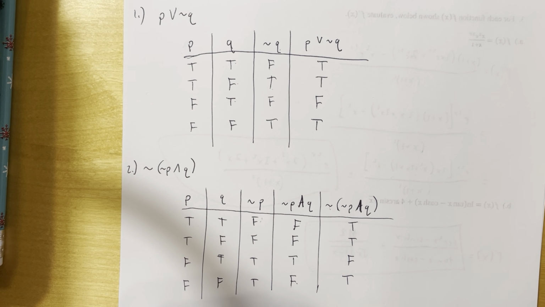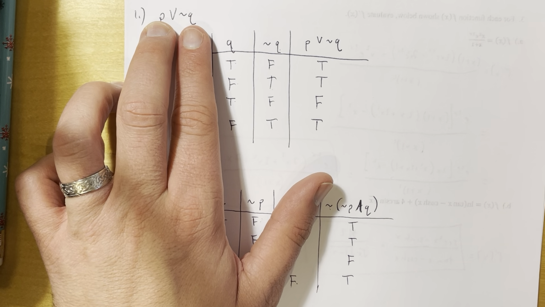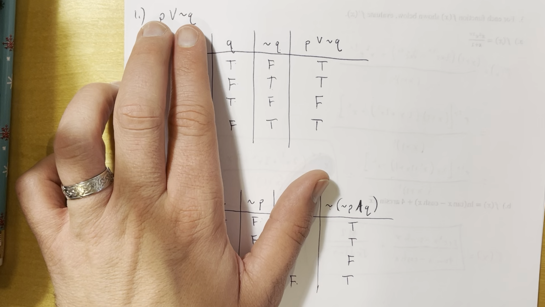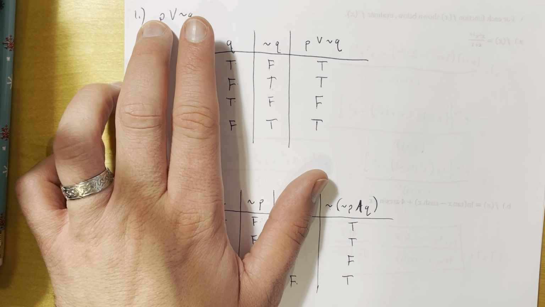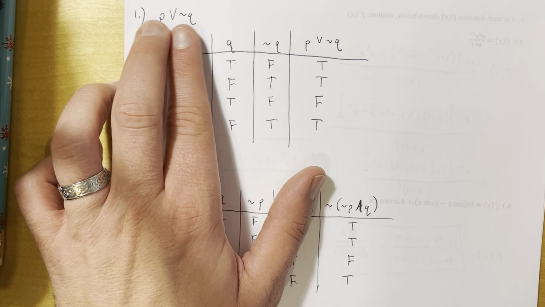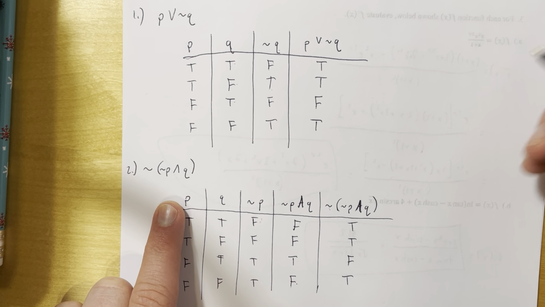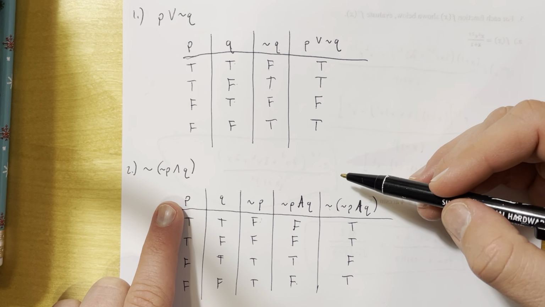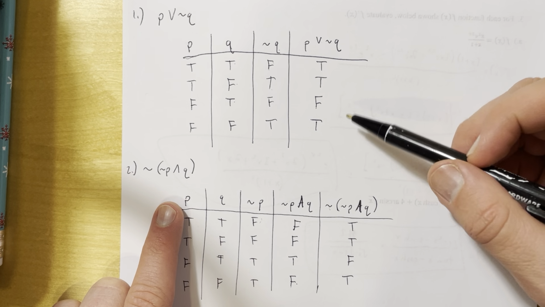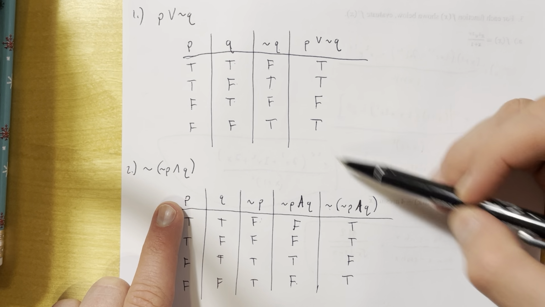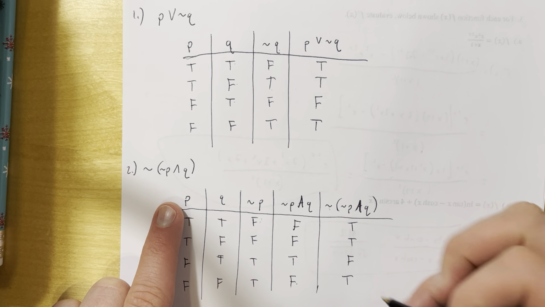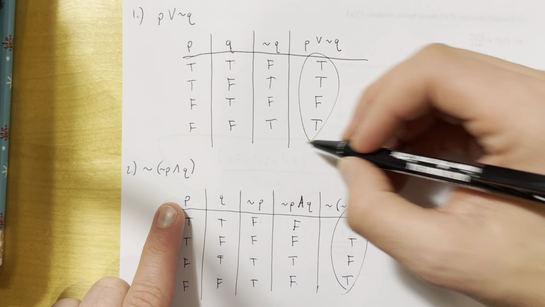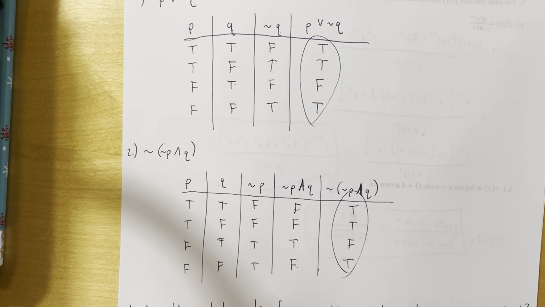The way we determine if they're equivalent is if every combination of truth values in this statement yields the same truth value for the compound statement as it does here. And that comes down to looking at these two final columns in each of these truth tables and seeing if they came out the same. So notice I have true, true, false, true here, true, true, false, true here. These two columns completely agree with each other, which means these two statements are equivalent.